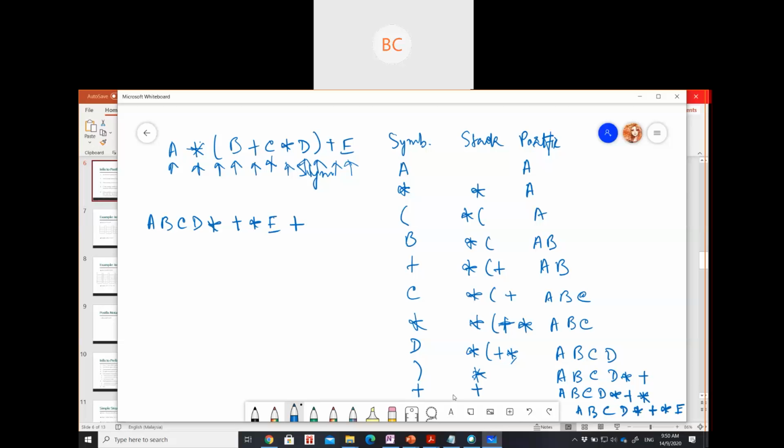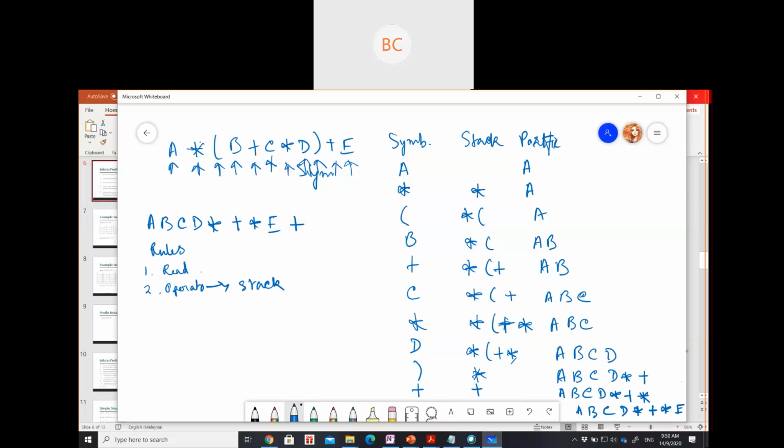Okay. So what is the rule for infix to postfix conversion? First, you will just read all the symbols one by one. Means what will be the rules? Just read the symbols. When you see an operator, push it to the stack.